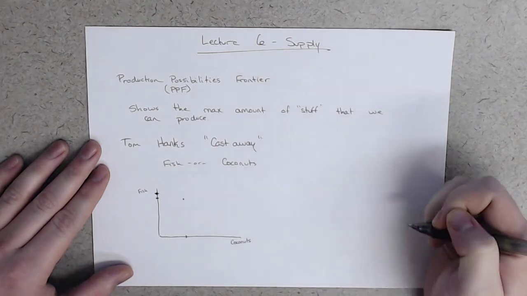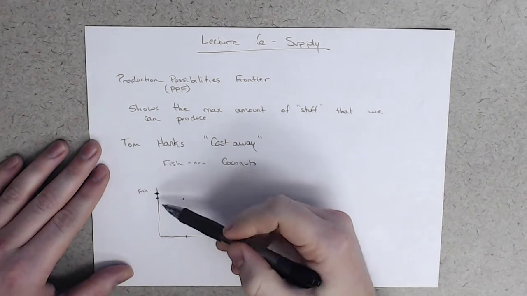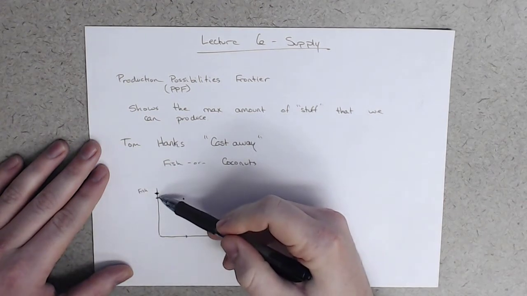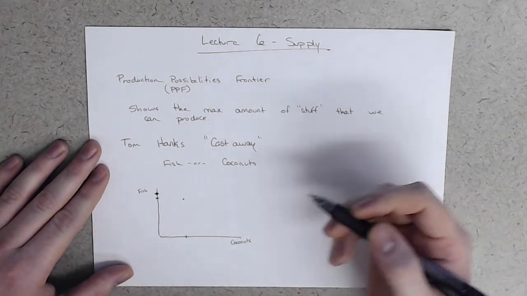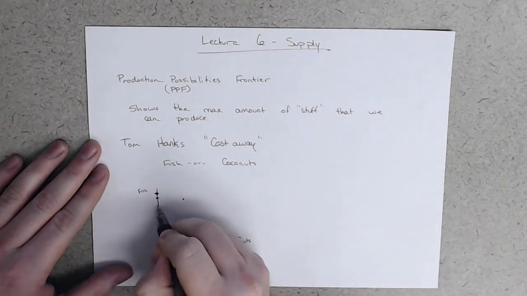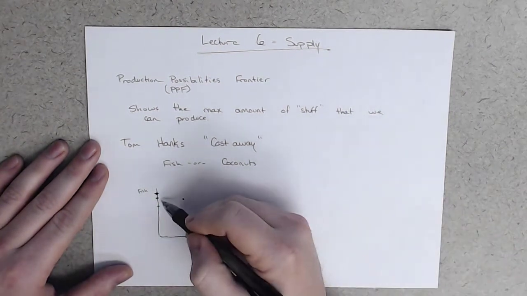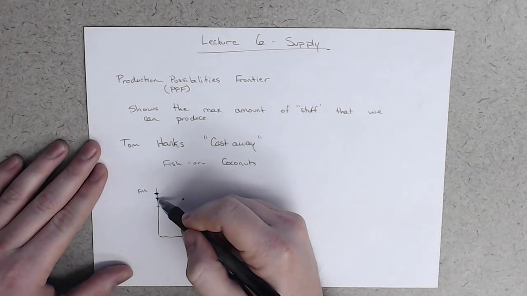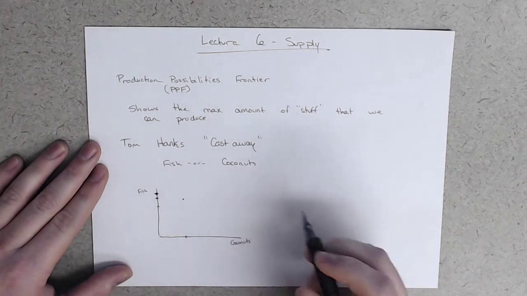And let's say that Tom Hanks is like, holy crap, these coconuts are amazing. I want more. Okay? But now he's in a pickle because he's already given up his worst fishing spot and he's already gone to the best coconut field. And so he's going to have to give up, let's say, his second best fishing hole, right? And notice that this time he gives up more fish than he did before, because this distance right here is greater than this distance here.